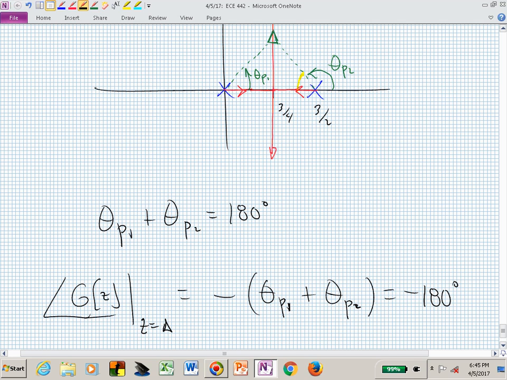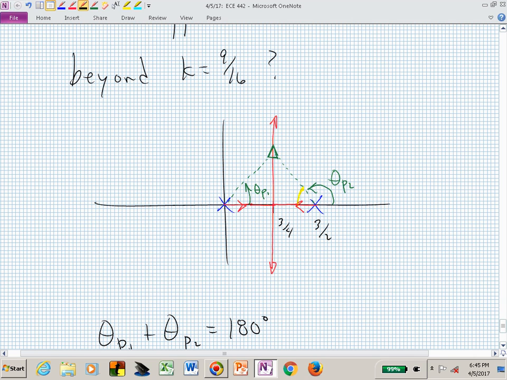And if I want a point on that root locus, how do I find the gain to get me to that point? Now what's the next point I want to figure out? I've cranked up my gain to, was it 1/2 to get me to Z equal 1? Then I cranked it up to 9/16 to get me to 3/4, both of them equal.